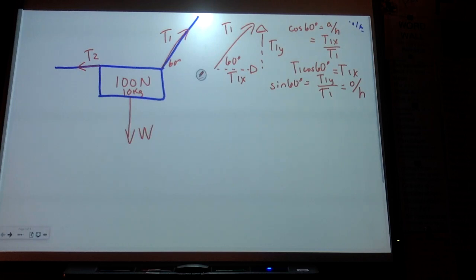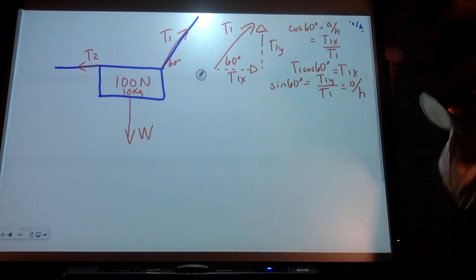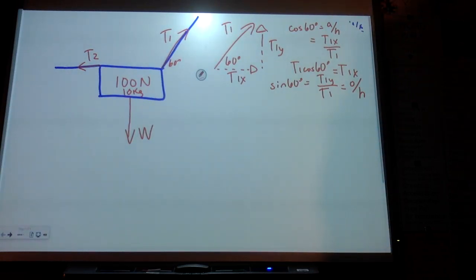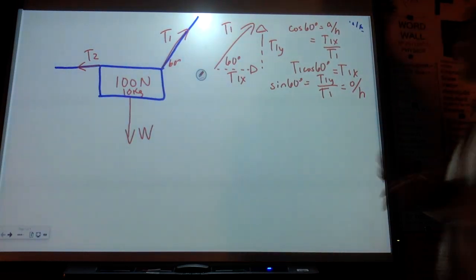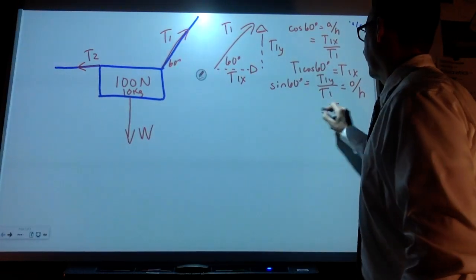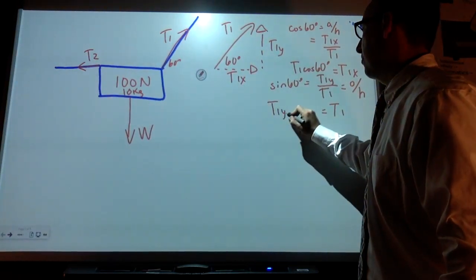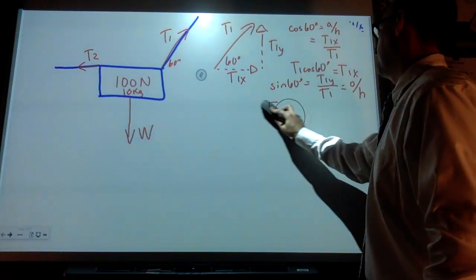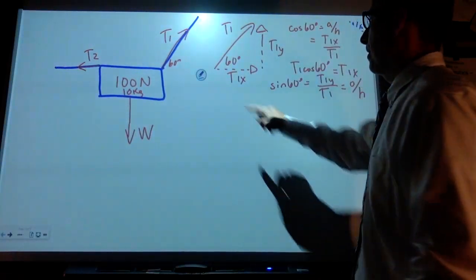So I'm going to resolve this as well. I'm going to get it in terms of T1, and I get T1y is equal to T1 sine of 60.